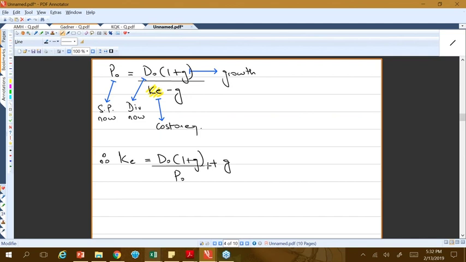Now remember, the growth model is given to you in the exam, but this formula here, which is the rearrangement of the growth model, is not given to you in the exam. This is not given. So you have to rearrange the growth model to find the KE.